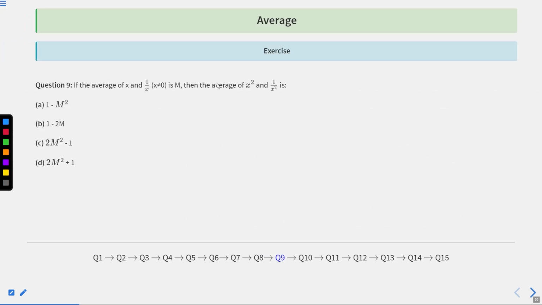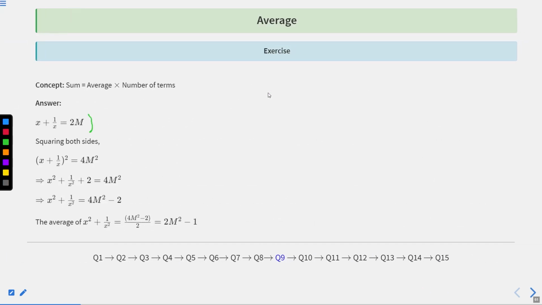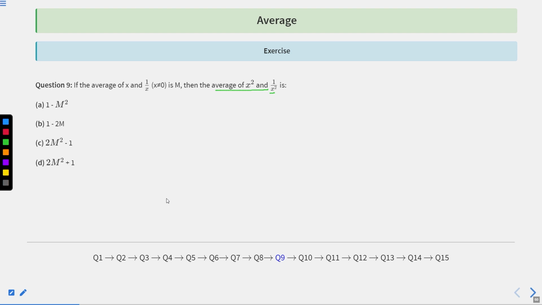We wanted to find the average of x square and 1 upon x square. Then it will be calculated by dividing the sum x square plus 1 upon x square by 2. And the value of x square plus 1 upon x square is already known to us. That is 4m square minus 2. And when I divide it by 2, I will have 2m square minus 1. And it is option number C, that is 2m square minus 1.